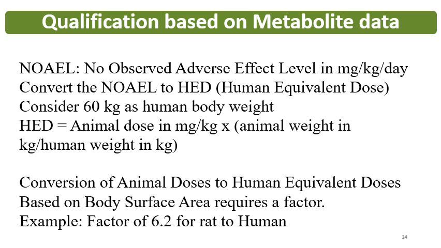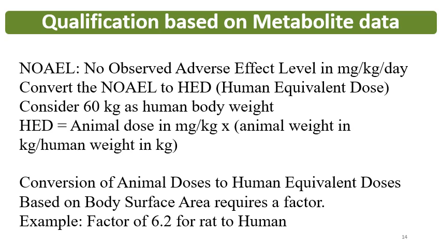HED will come from the calculation: animal dose in mg per kg times animal weight in kg divided by the human weight in kg. So conversion of animal doses to human equivalent doses is based on the body surface area and it requires a factor. In the guidelines you will get these factors, which are specific for the animals. I have considered a factor of 6.2 for rat to human dose calculation.